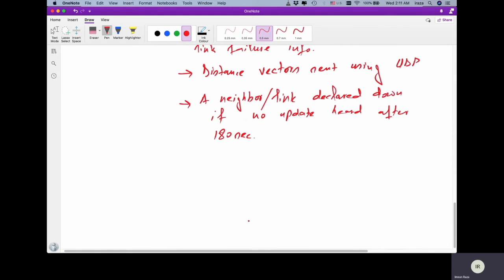and all the neighbors are told that this link is no more available. By the way, it's important to note here that the RIP routing table is managed by an application level process.